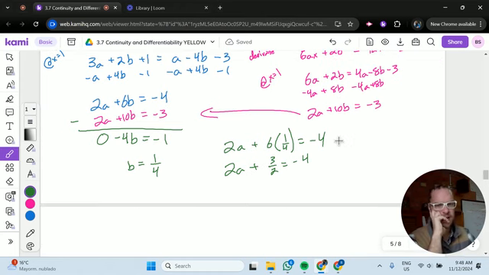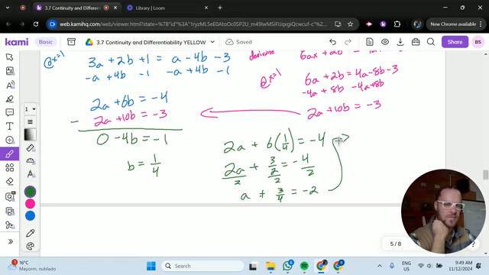And probably I'm going to divide by 2 now because I think that's easier. And so I'll get that a plus 3/4 equals negative 2. And then I need to subtract that 3/4 from both sides.